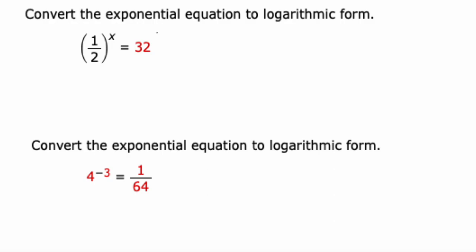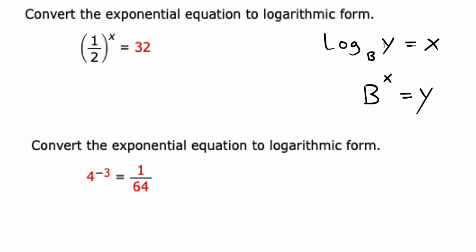Okay. Here we're doing the reverse. It says convert the exponential equation to logarithmic form. So I said before that if we had a log of a base and you're taking that log of one thing, setting it equal to another thing, that this could be rewritten as b to the x equals y.